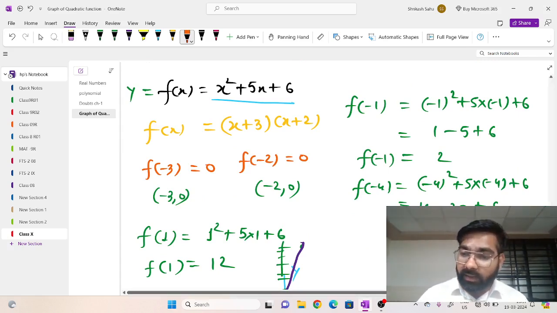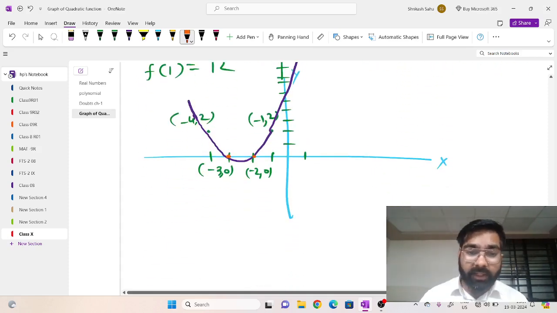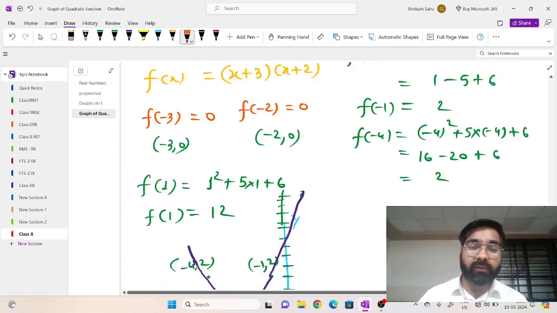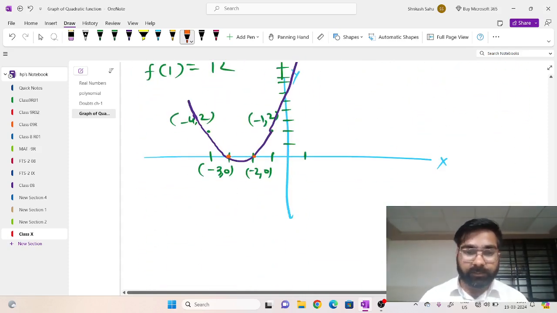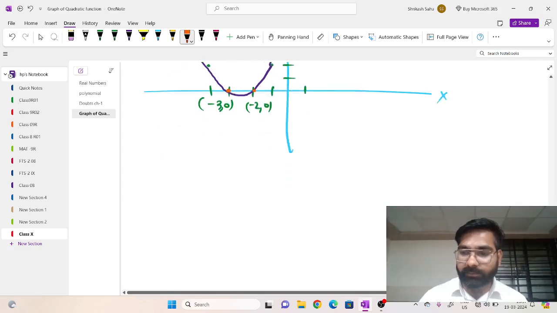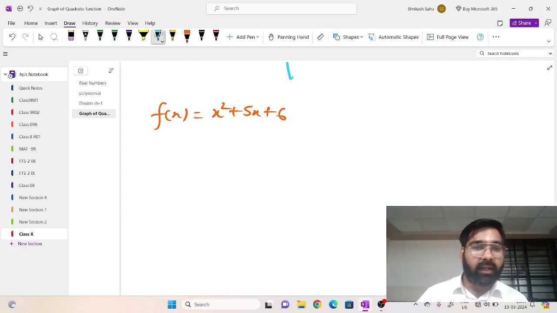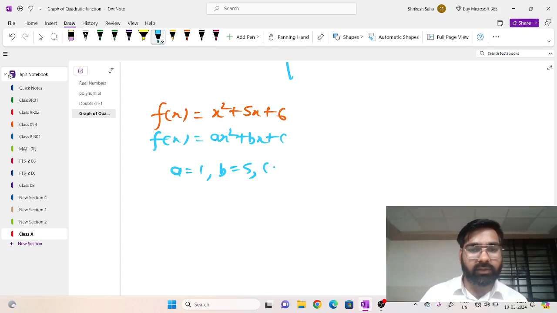So if we find the discriminant of the given function, that is f(x) is equal to x square plus 5x plus 6. Here if we compare this with ax square plus bx plus c, then we get the value of a is equal to 1, b is equal to 5 and c is equal to 6.